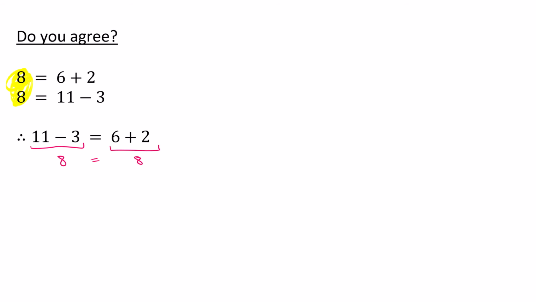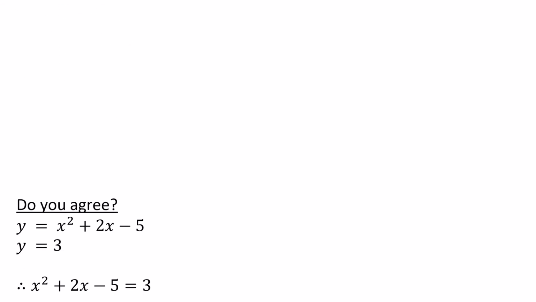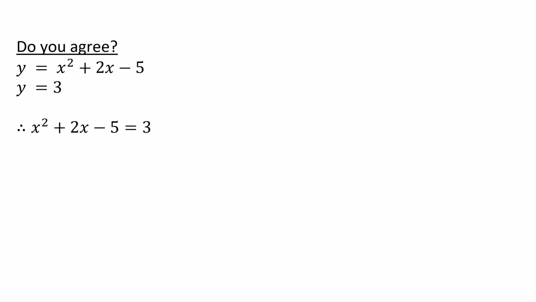Well, in the same principle, would you agree with that? Y equals x squared plus 2x minus 5. Y equals 3. That means that x squared plus 2x minus 5 also equals 3. Yes, it does, because this equals y and this equals y.